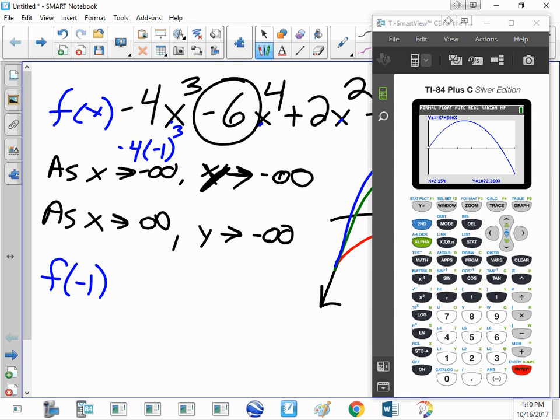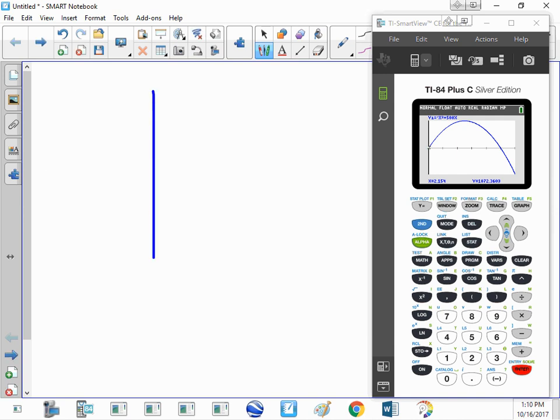Okay, 17, 18, 19, and 20 says describe the end behavior. So you're going to say as x approaches negative infinity, y approaches whatever. I do want to see if you can figure this out. Let's say this was our graph.